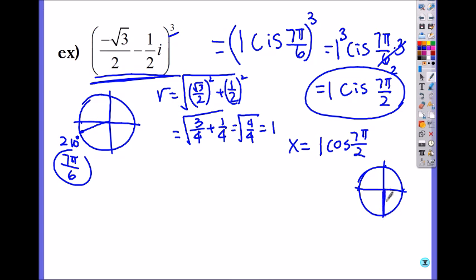So it's right here, right? That's a coterminal angle. It's 3 pi over 2. And what's the radius? 1. So what is x of this? x is 0 and y is negative 1. So what is your final answer? 0 plus negative 1i. So it is just negative i.